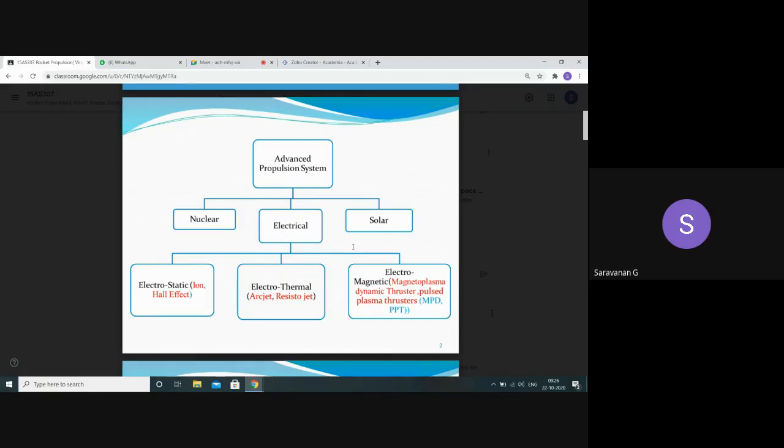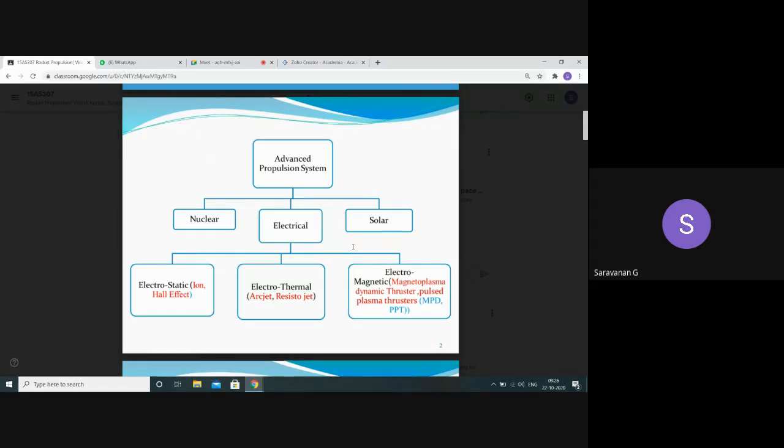The second is based on energy received from the sun, called the solar propulsion system. And the third is the energy from nuclear atoms, uranium, thorium and others, from which we can get thrust generation. Hence, it is termed nuclear propulsion systems.